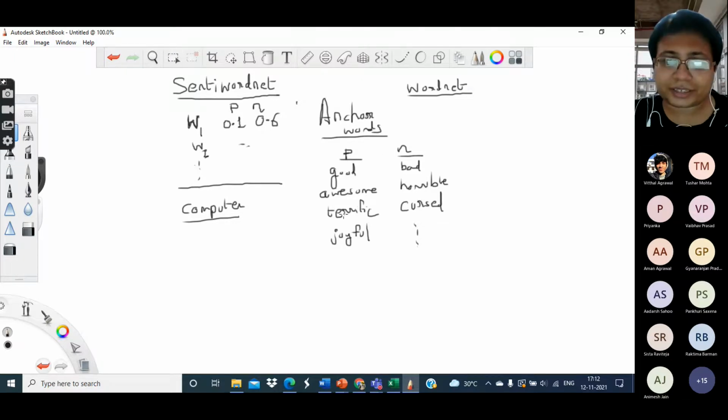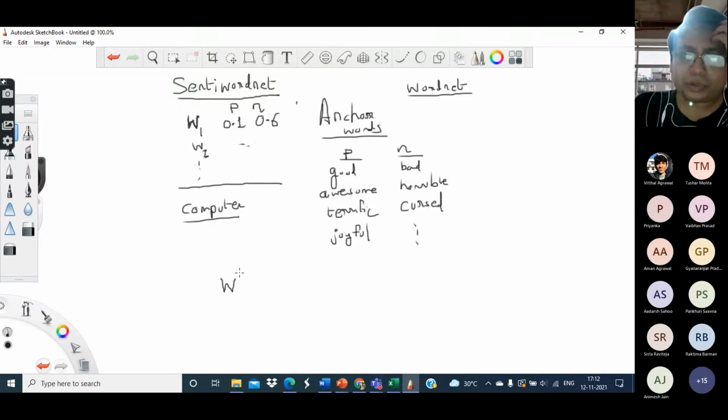So let us say that this kind of a set of words has been developed, which we call the anchor words. Now we take any arbitrary word w. This word w is not an anchor word; it may be a neutral word, but as I said earlier, some neutral words are usually used in positive contexts and some in negative contexts, even though they themselves are not indicative of either polarity.